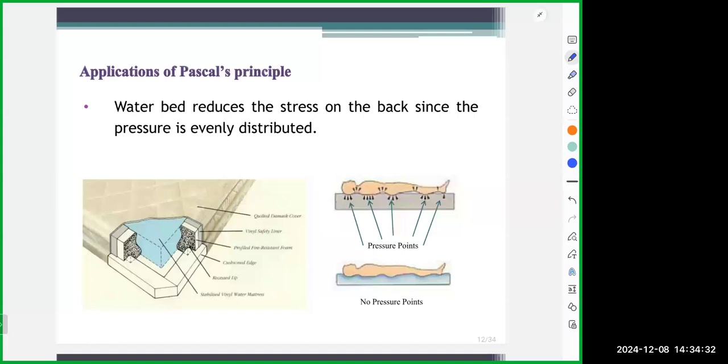The application of the Pascal principle right here: do you know the water bed? The water bed can reduce the stress on your back when you sleep, when you lie down. For example, if you lie down on a solid floor, you could see that the pressure acts on you at different points. So these 5 points will get the pressure a lot, while the others might not.